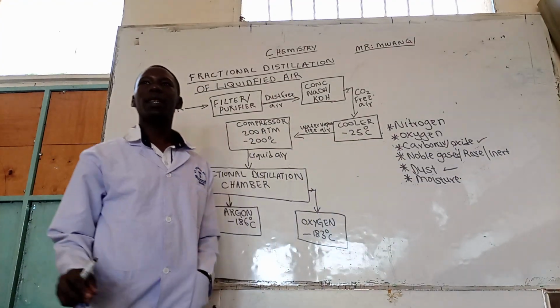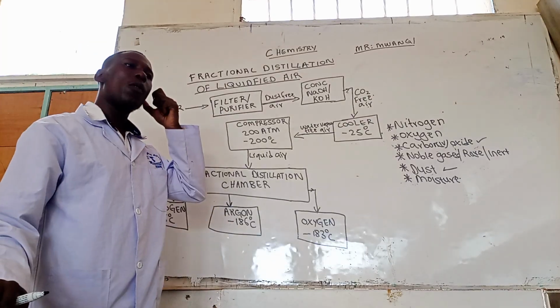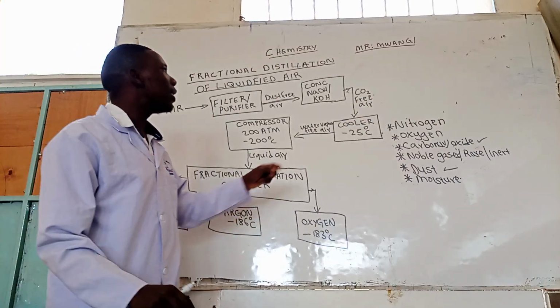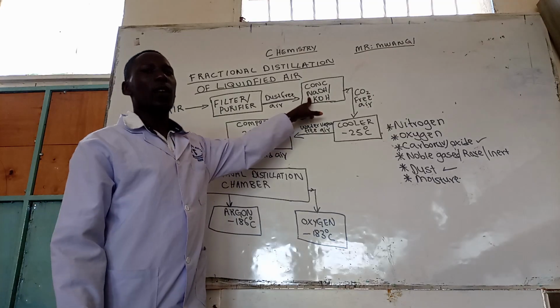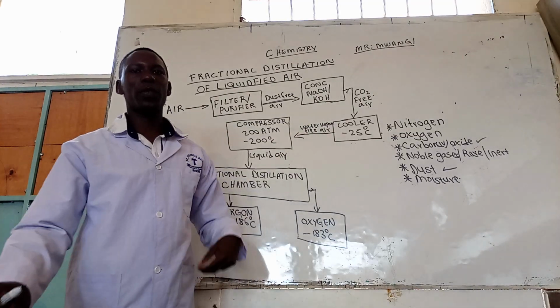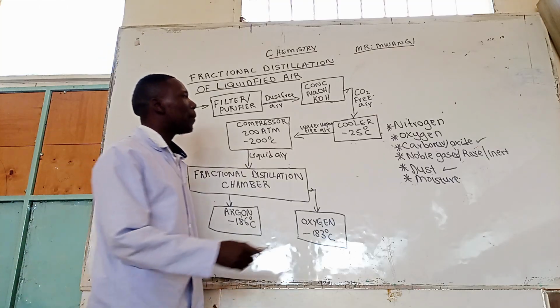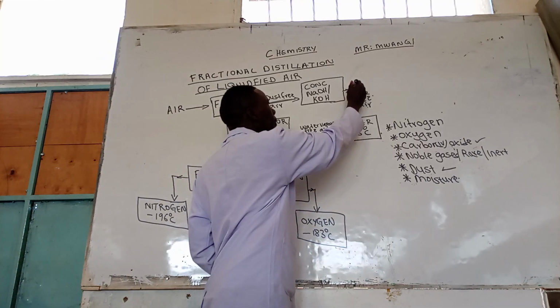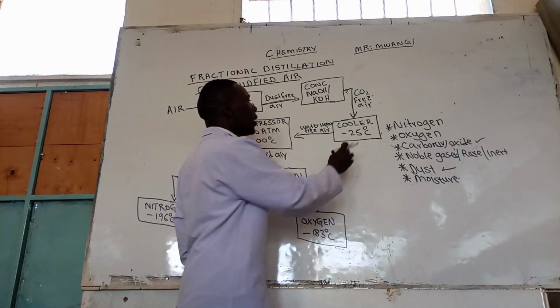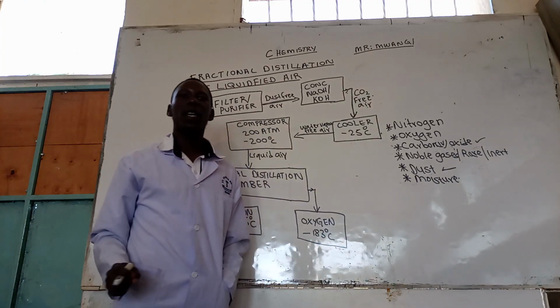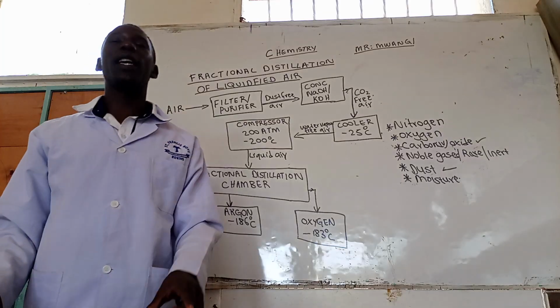Carbon dioxide is separated from all other components because carbon dioxide easily dissolves in concentrated sodium hydroxide and also concentrated potassium hydroxide. From there, the air that is free from carbon dioxide, that is CO2 free air, is taken to the next chamber, which is the cooler.